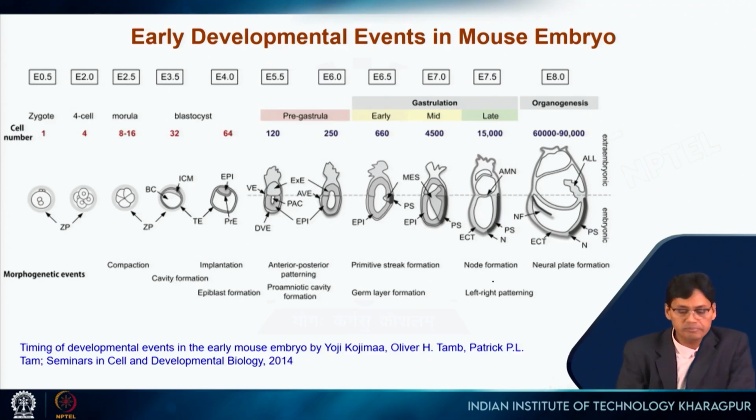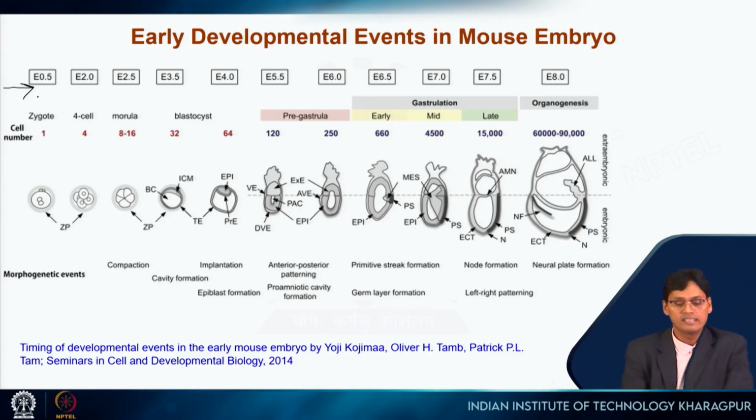But here, if you see the early developmental events, at the very top, E0.5, E2, E2.5 is nothing but embryonic age, right? Embryonic age.